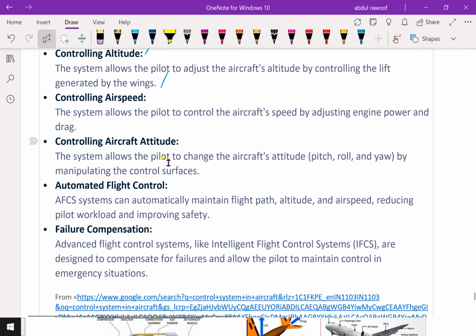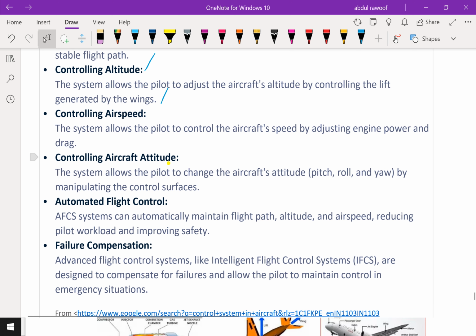The system allows the pilot to control the aircraft speed by adjusting engine power and drag. Controlling aircraft attitude. The system allows the pilot to change the aircraft attitude, pitch, roll, and yaw by manipulating the control surfaces.